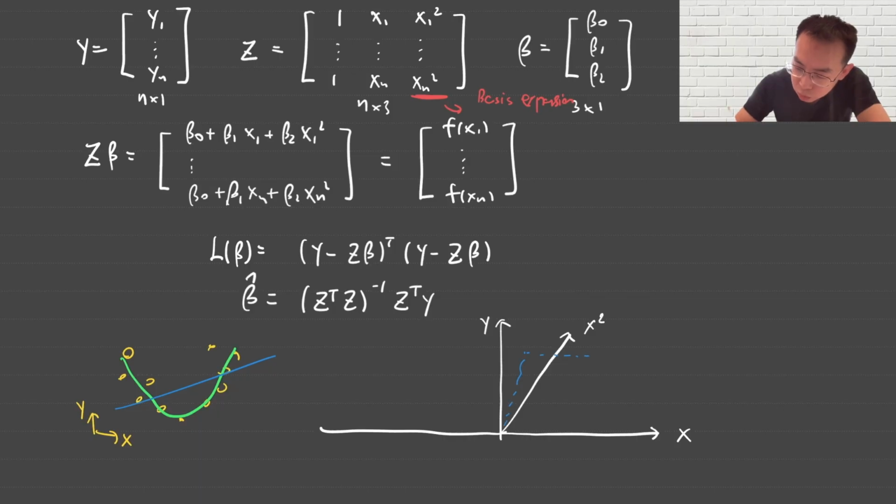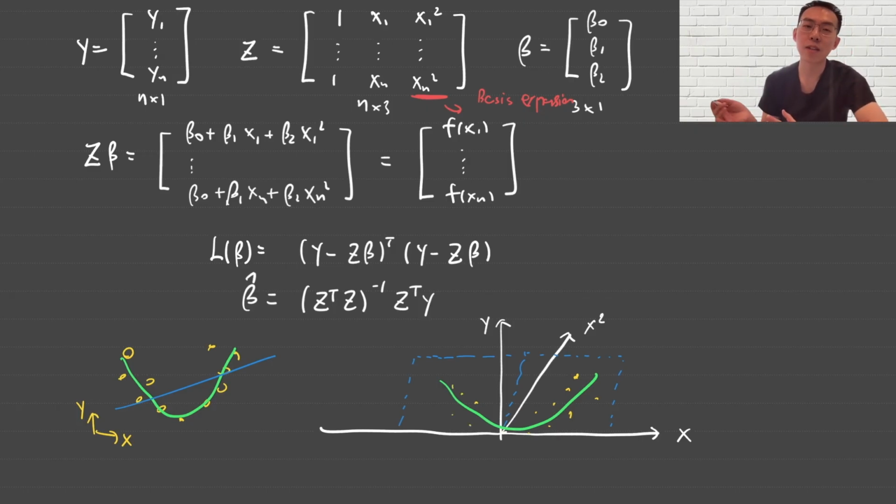Now we'll have a 2D plane in this expanded space where our curve is going to live. Our quadratic curve lives entirely in this space, and the data points are going to be near this plane, right? It can vary in the y direction, so it won't perfectly lie on this plane, but it's going to be nearby. You'll see this problem become a linear problem that we can solve with linear regression.